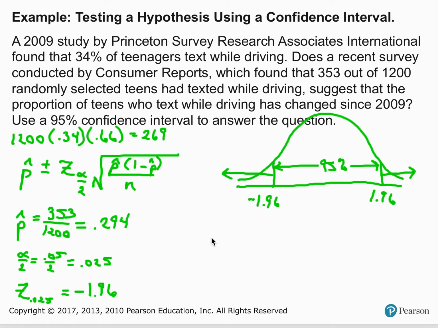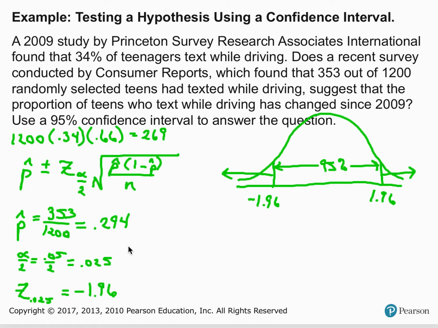Or we could also do that confidence interval on our calculator, right? Here's the formula, here's what I need. Or on my calculator, let's go into Stat, Test, all the way down to A, right? Because it's a confidence interval. Yes, it says 1-PropZInt.